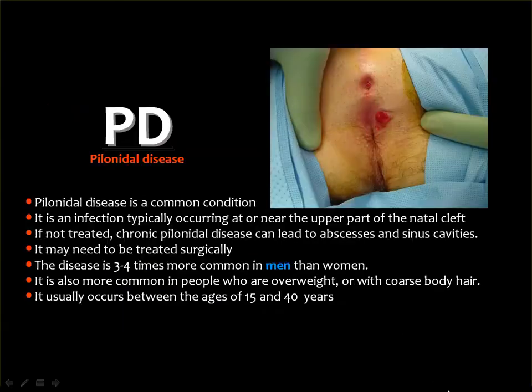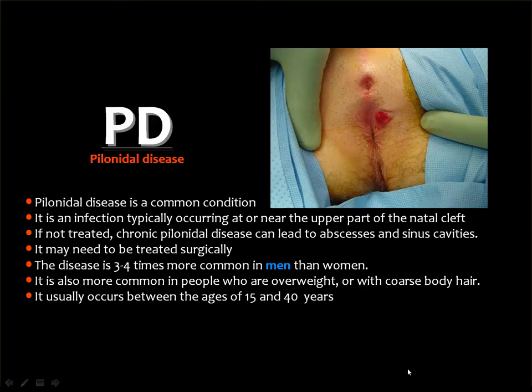Then this pilonidal disease, which is the last issue in this talk, is a common condition occurring in the back, approximately somewhat above the level of the anal canal, and typically near or at the upper part of the anal cleft.